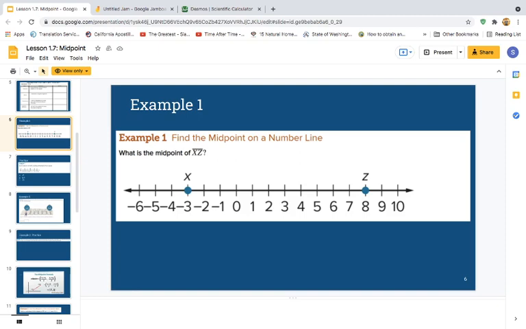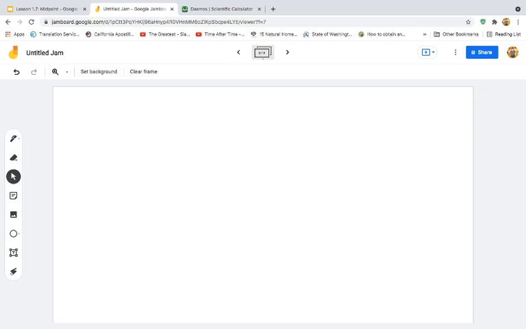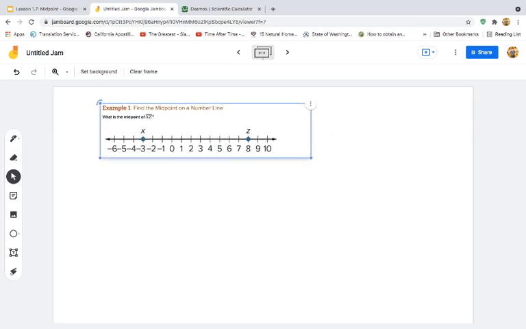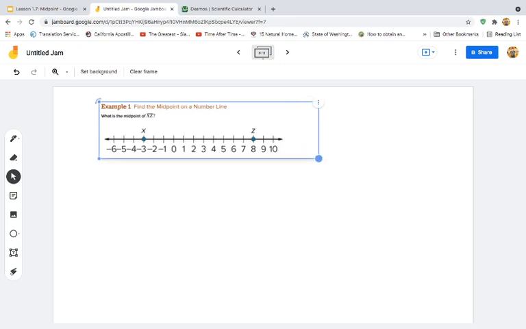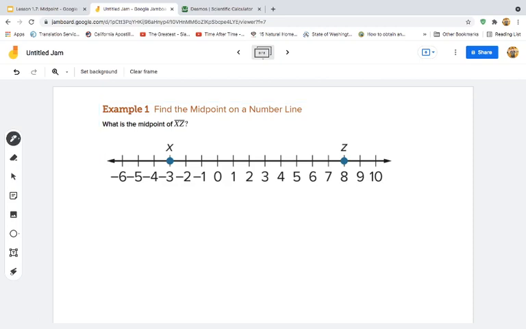So we'll go ahead and copy this picture, go over to Jamboard. Just like that. Okay. So all we're going to do is basically just count and see where the midpoint is going to be. You can do this any way you'd like right now. You can try to use your fingers, or you can draw it out like I am. But we're going to try to find the midway point, or the halfway point between x and z.